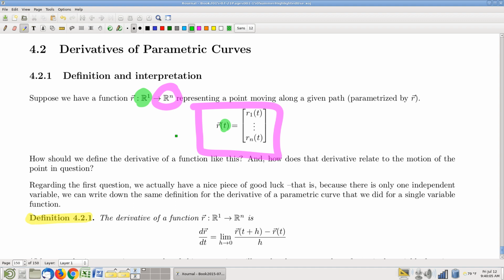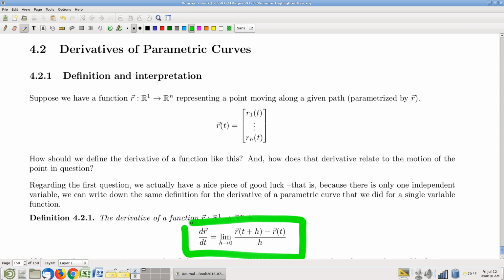Okay, so what should a derivative mean in this context, and how do I visualize it? For lack of better ideas, and by the way, this is going to turn out to be exactly what we needed, I'm going to recycle the single variable calculus definition of a derivative.